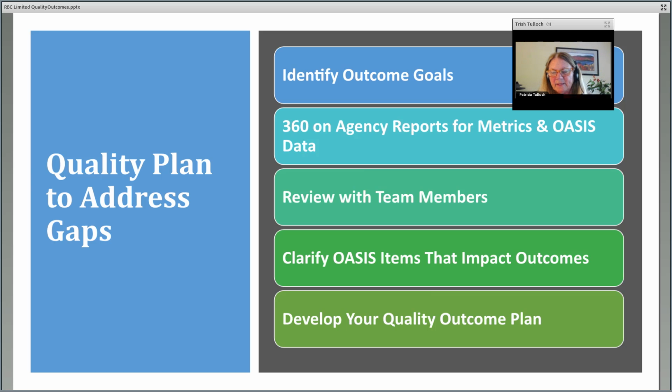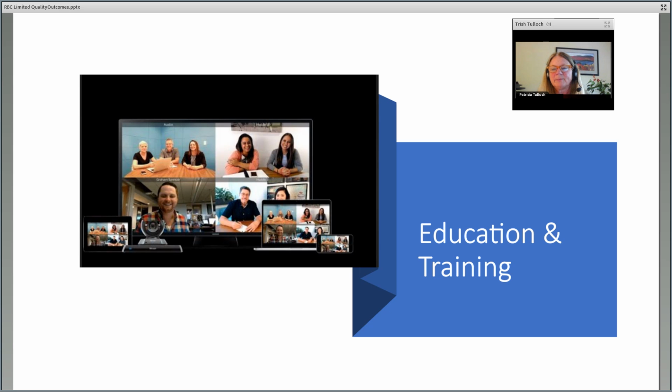Staff love to get in this. Once they clarify their priorities and have an understanding about why they're inconsistent or the misunderstanding of definitions and scoring, they readily make the changes that need to occur for your quality outcomes.